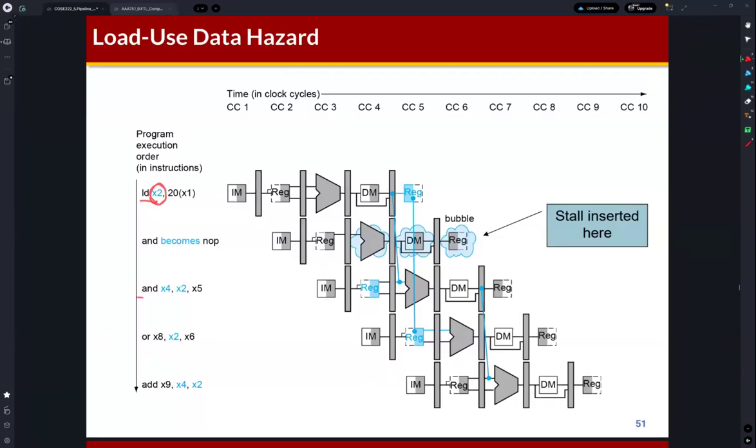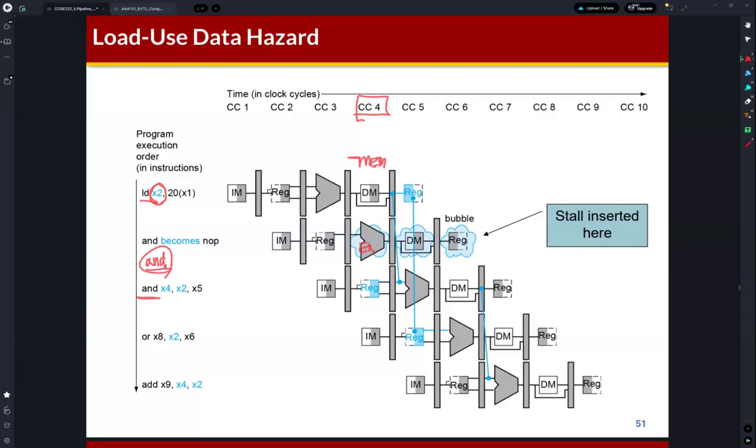And then the next instruction is the and instruction, right? When the load instruction is in the memory stage, the and instruction, if not stalled, would be in the EX stage, right?